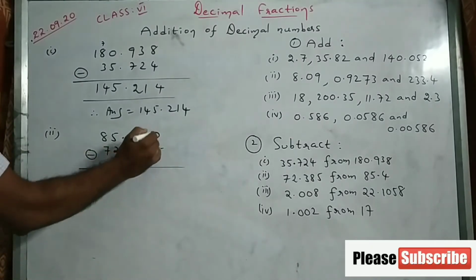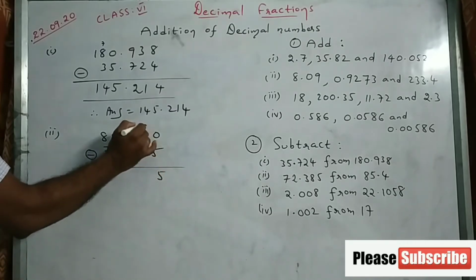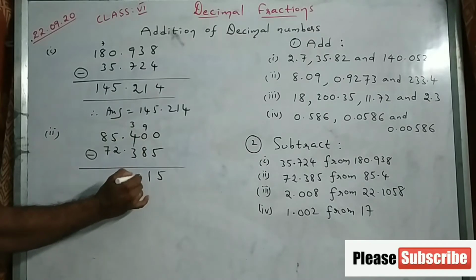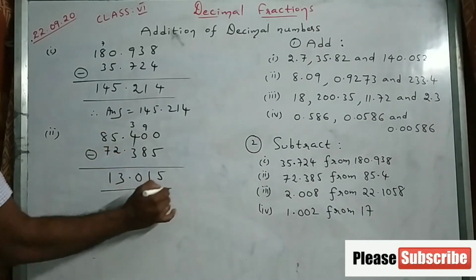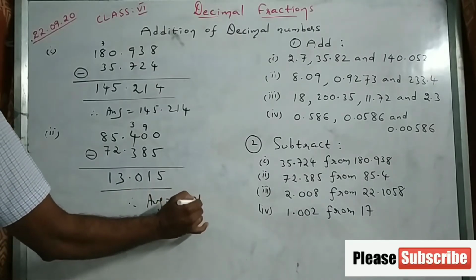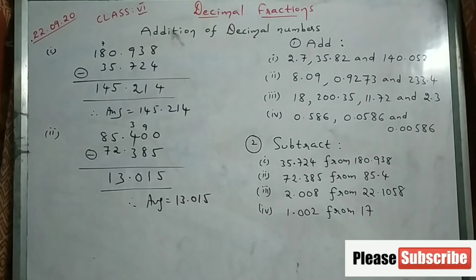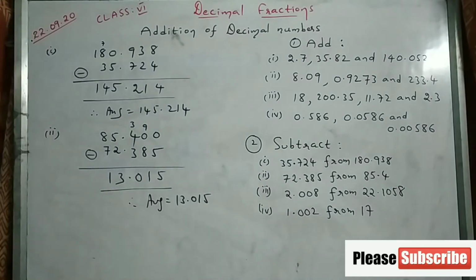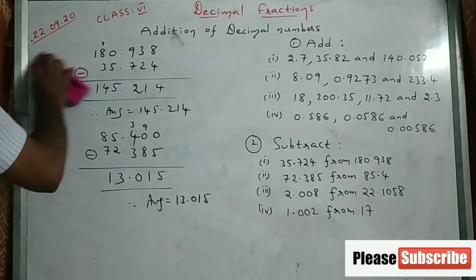Right? 10 minus 5, 5. Here 9 will remain. 9 minus 8, 1. Here 3 will remain. 0. 5 minus 2, 3. 8 minus 7, 1. Got it? 13.015. Hope it is clear. Follow it carefully. Third one we will see.